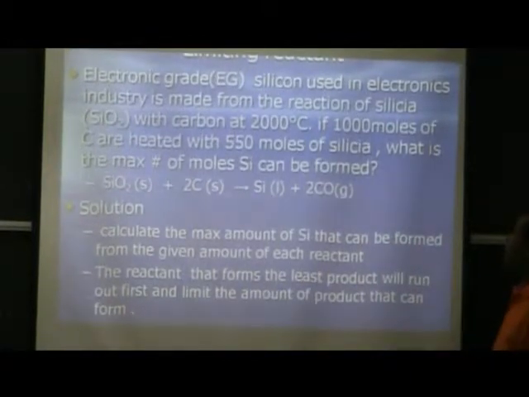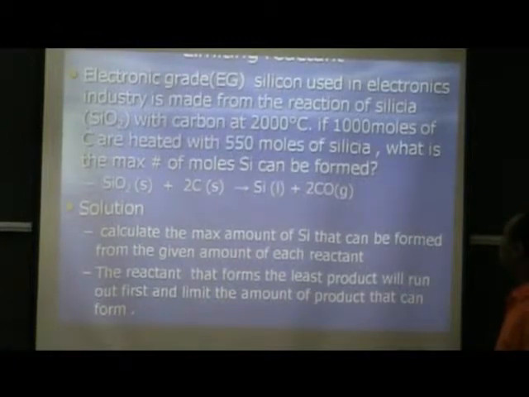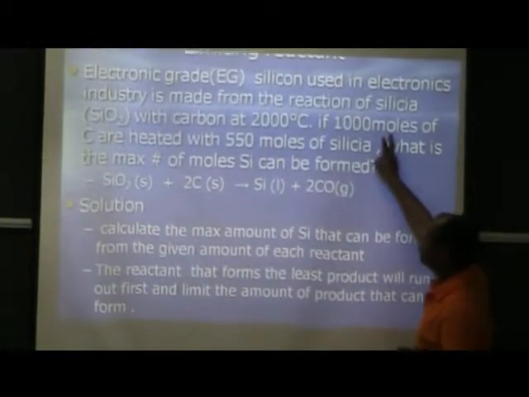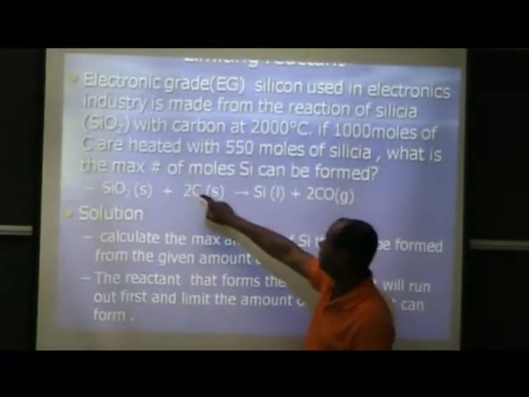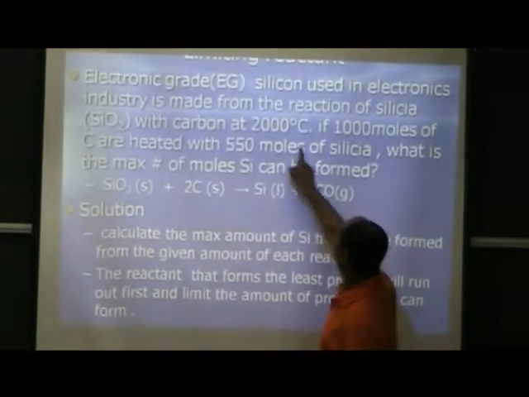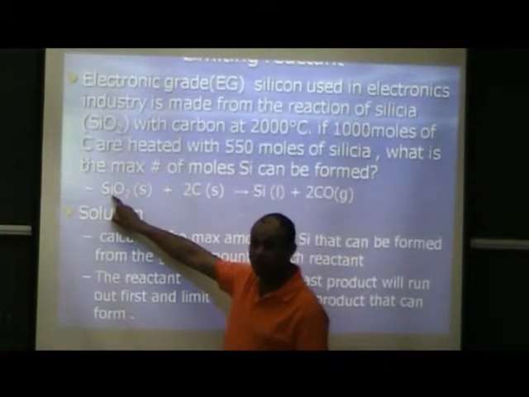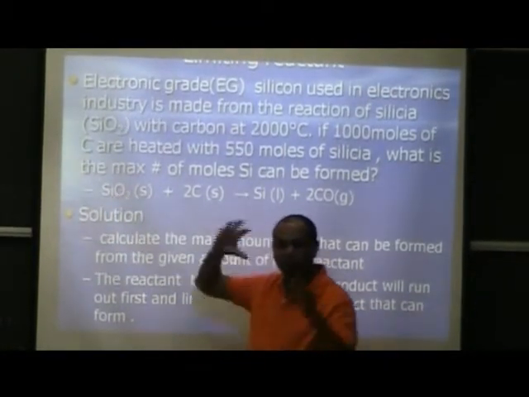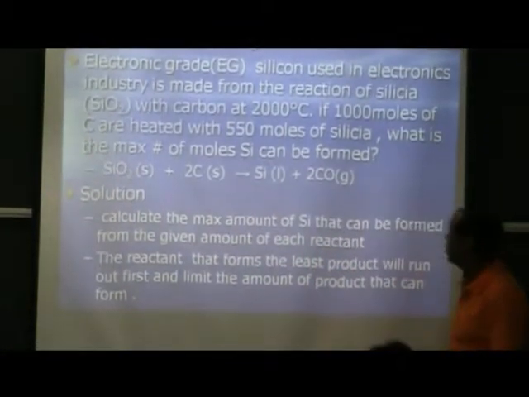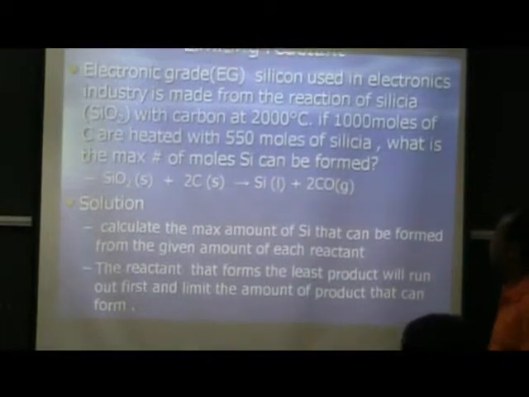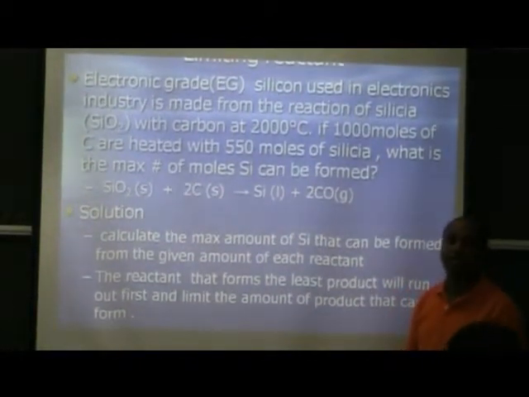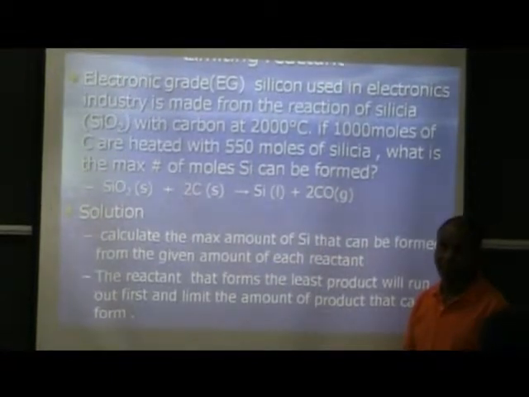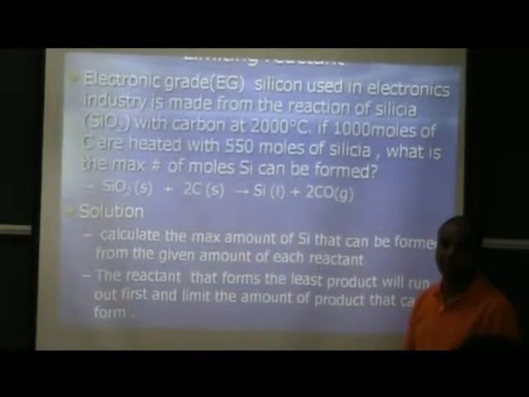Now, the question is, you have been given 1000 moles of carbon and 550 moles of silica. Based on this information, what is the maximum number of moles of silicon that can be formed? How much silicon can we get?